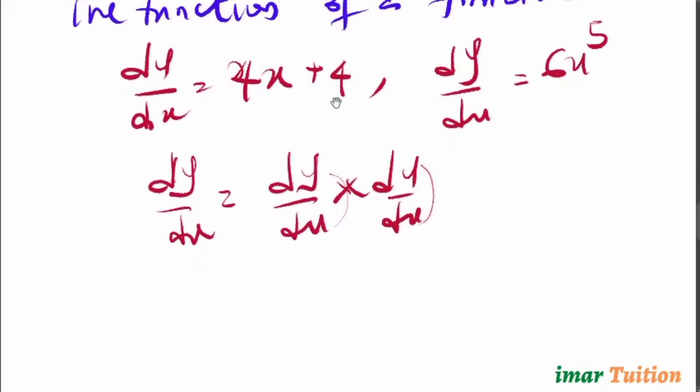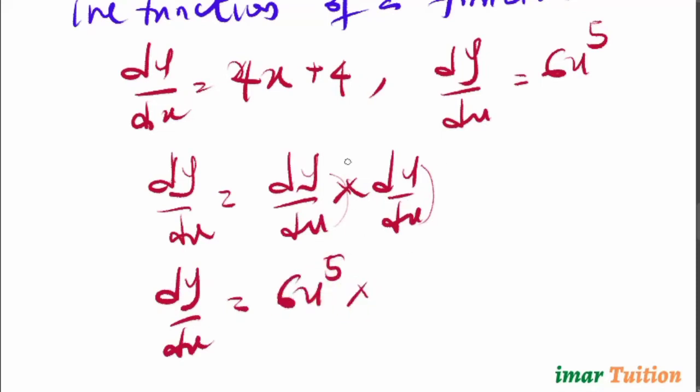So we'll substitute our derivatives for du/dx and dy/du. Our dy/dx, the derivative for the full function, is equal to dy/du, which is 6u⁵, times du/dx, which is 4x + 4.